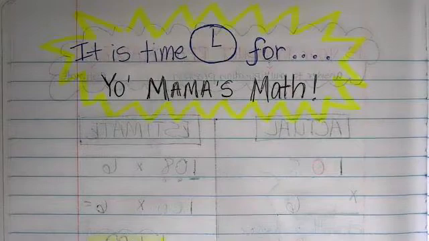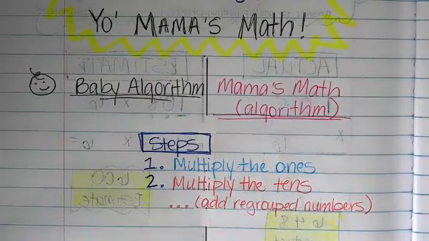So we're going to do a problem two ways. We're going to do it using baby algorithm, and then we're going to do it using your mama's math. So let's go ahead and get started. In both using baby algorithm and your mama's math, you do the same exact steps, except they look a little bit different when you do them. The first step is to multiply the numbers in the ones places.